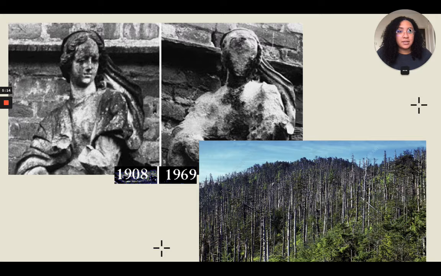So as we could see here, there's a picture from 1908, and of the same statue, you could see that acid rain deteriorated this stone in only a few years. Okay, and also right here you could see that acid rain caused a whole forest to sadly die off.